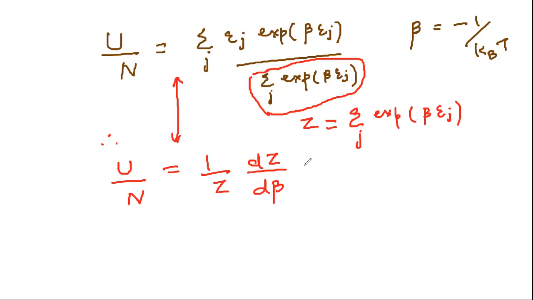Now further I can simplify this. I can write it this way: d by d beta of ln Z. Let me name it equation A. And let me encircle it.